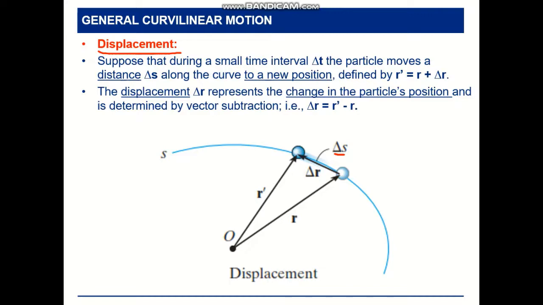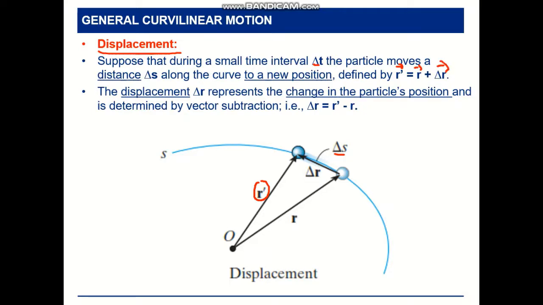Suppose that during a small time interval, which is delta t, the particle moves a distance delta s along the curve to a new position defined by r prime, which is equal to r plus delta r. We know that from the vector quantity, if we add each other, we will end up with the summation of the vector, right? So this all is also a vector.